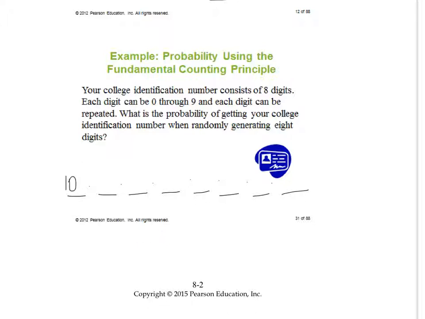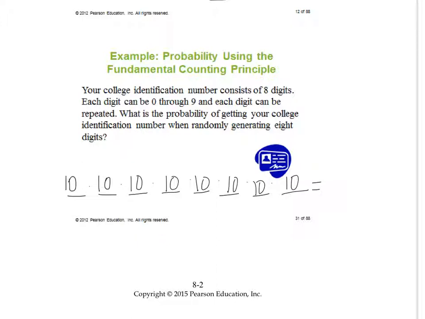And since there's not a restriction on repeating digits, even if I pick a 1 for the first digit, it's still possible to pick 1 for the digit that comes after that. Since these are completely independent events, I'm going to have a 10 in each of these blanks, because I have a choice from 10 different numbers every time this gets generated.